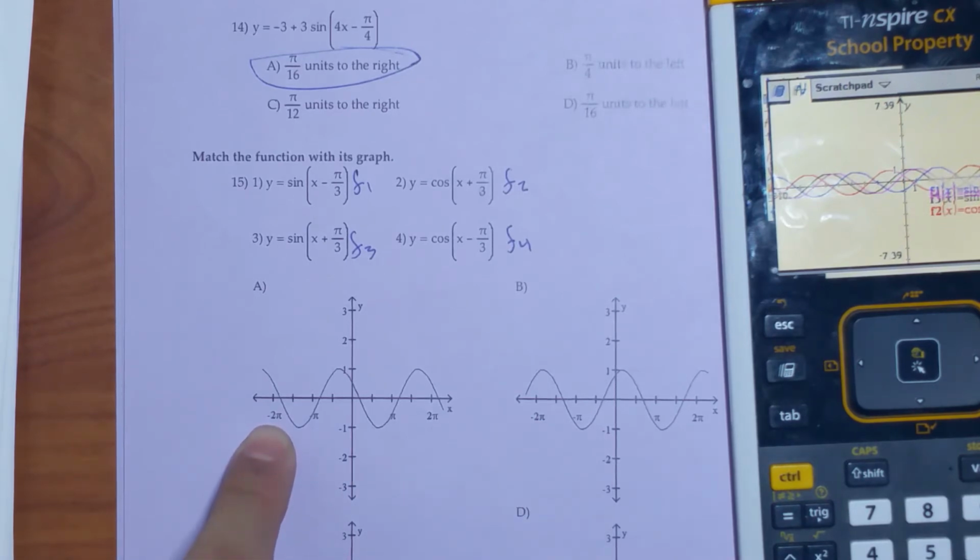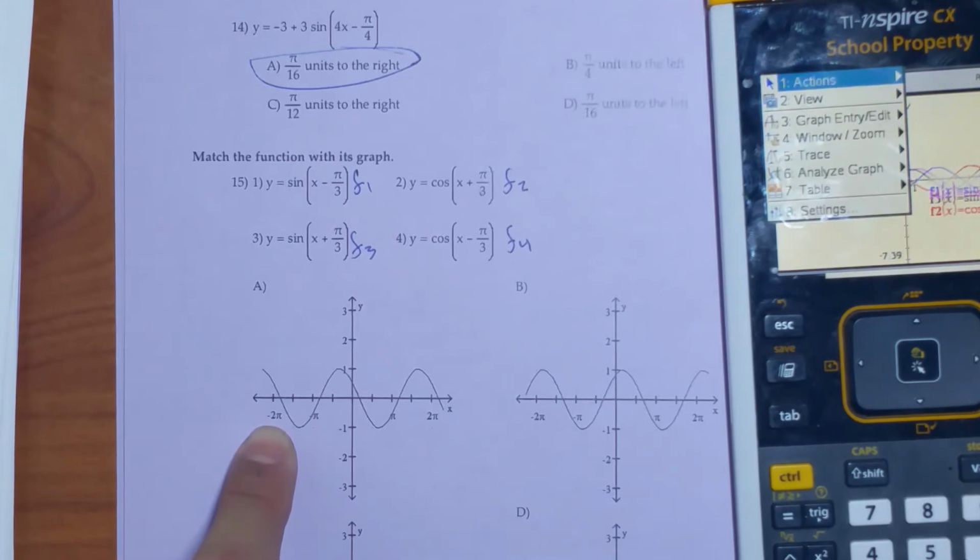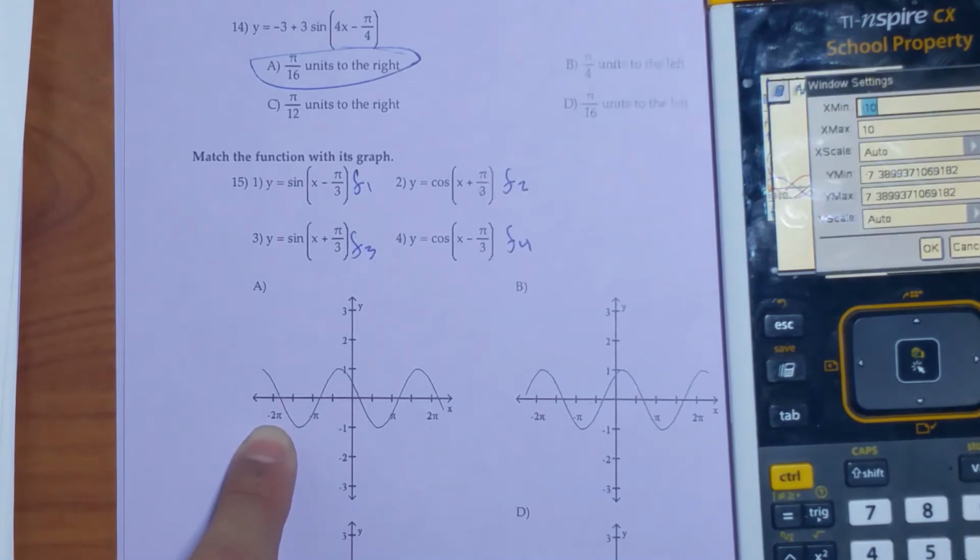So I'm going to go menu, window, settings. The x minimum is going to be negative 2 pi. The x maximum is going to be 2 pi. What is the y minimum going to be? Negative 3. And y maximum? 3.